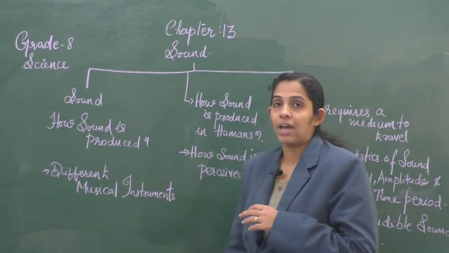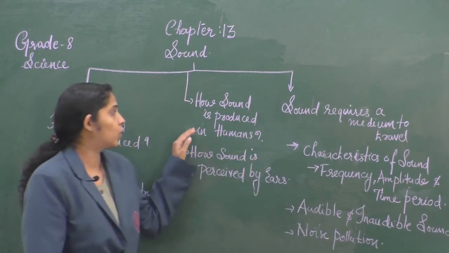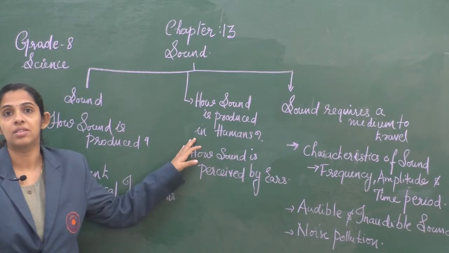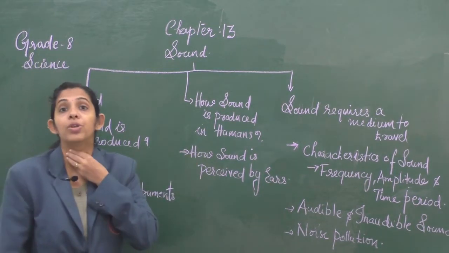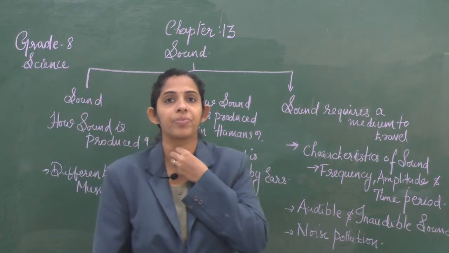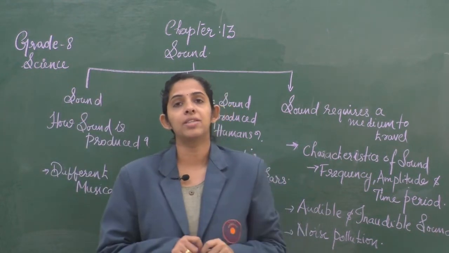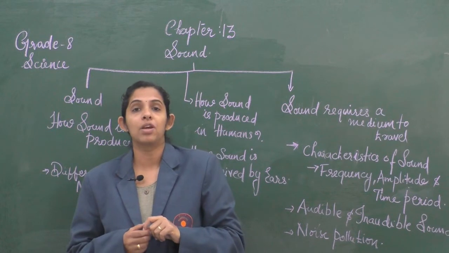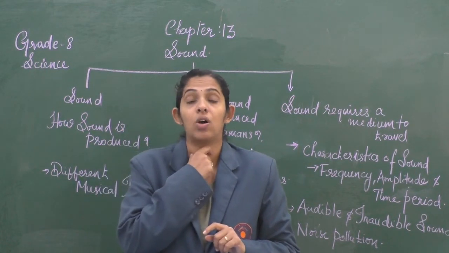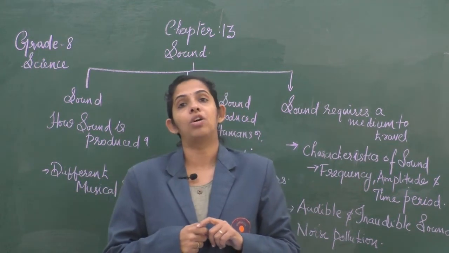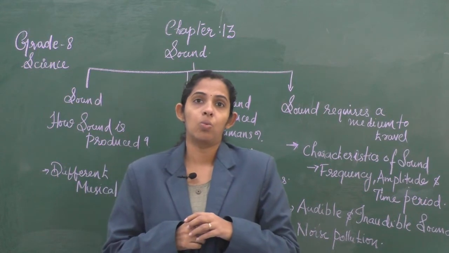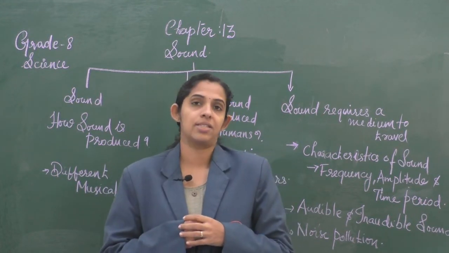Next, we have seen how sound is produced in human beings. When you are talking, if you put your fingers around your throat, you can feel something vibrating over here. See children, in human beings, sound is produced from the voice box, or you can call it the larynx, which is located on the uppermost part of the windpipe or trachea.